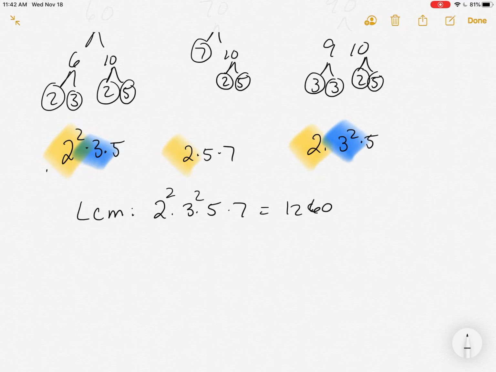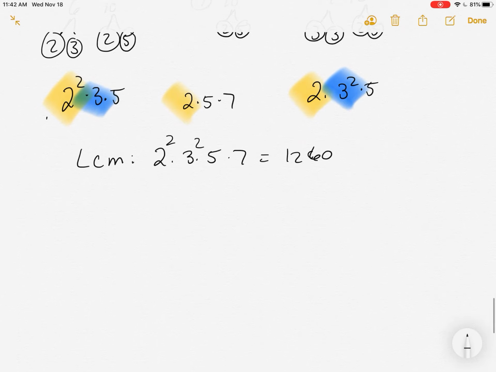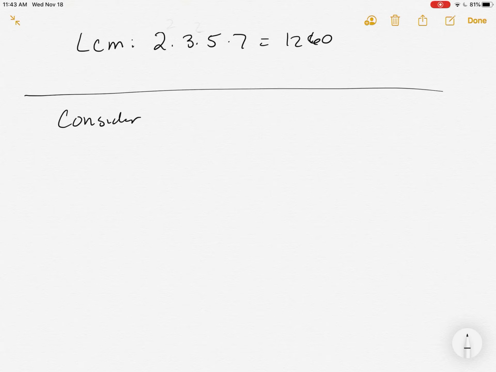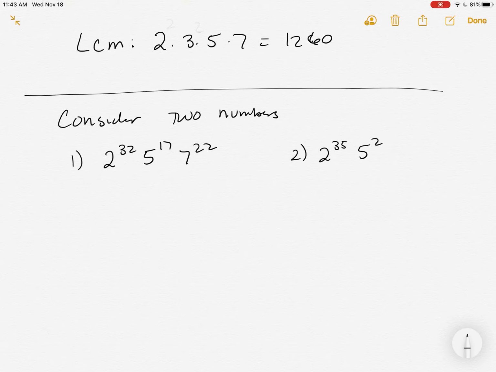The next type of question is wanting to make sure that you understand when to tie in the GCF and LCM. So they give us two numbers that are factorized. Consider two numbers. The first number is 2 to the 32nd, 5 to the 17th, 7 to the 22nd. And the second number is 2 to the 35th, 5 to the 23rd, 7 to the 14th.